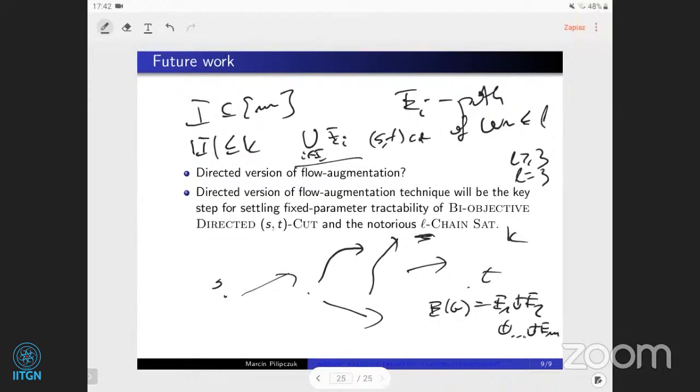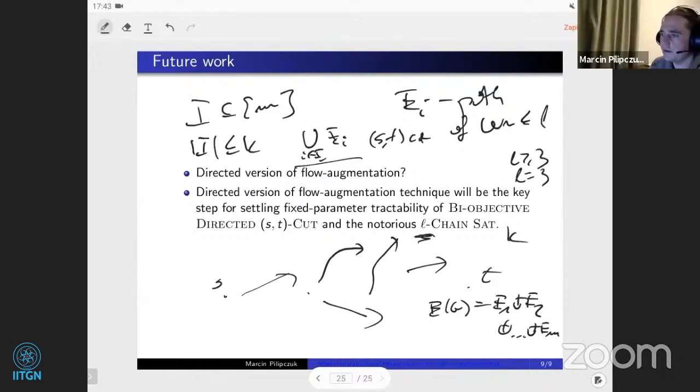Okay, thanks. Neil asks if there are classes of graphs that are easier when S and T are close and the number of bundles is small. The problem is that this recursion can unravel a lot of bundles. You can have S and T close because there's one short flow path, so the number of bundles is very small.